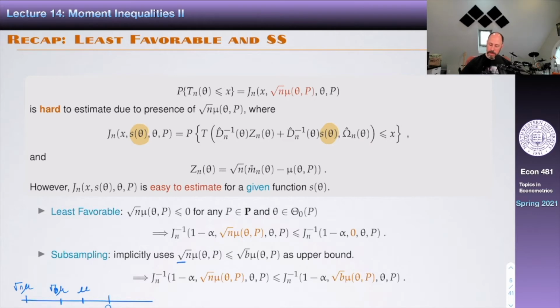So you have that the square root n mu is less than or equal than the square root b mu because b or n is much greater than b. So the quantile that you want, which is this one, is bounded by the quantile that you can compute, which is this one, which is the one that subsampling gives you. So subsampling does not give you a consistent estimator of square root n mu. It just has the right inequality, okay?